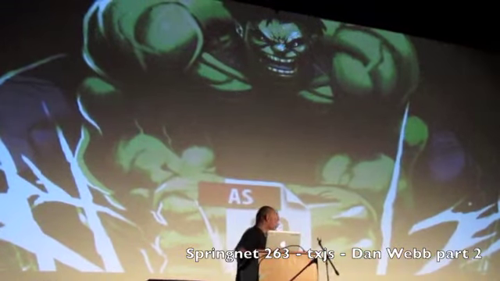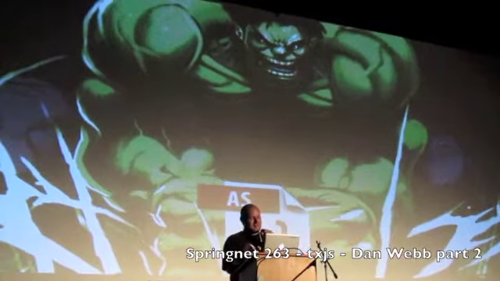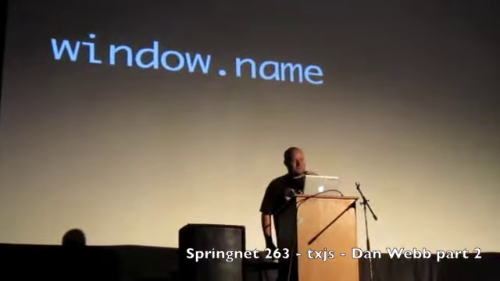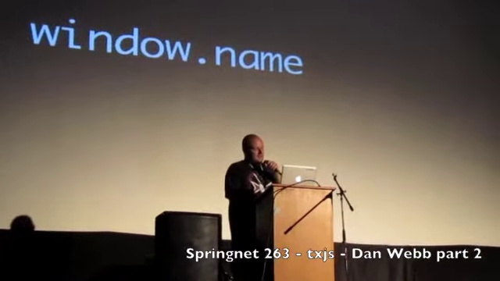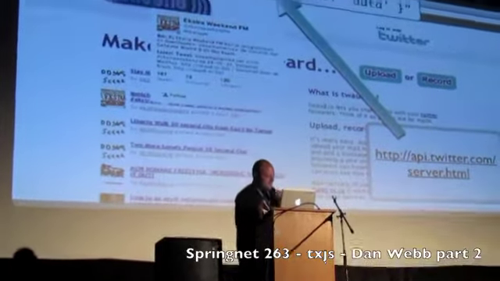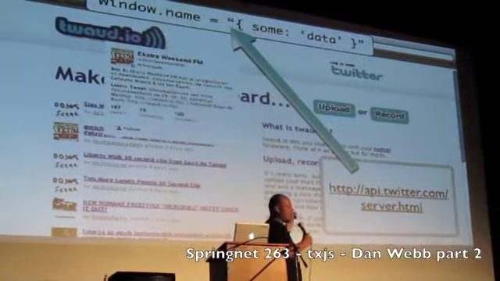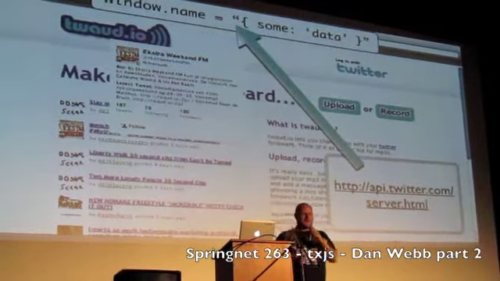The next, and by far the most ghetto way of doing this, if you really must, is by exploiting some strange properties of window.name that actually sort of works in IE6 and 7. And the way you do that is basically one window can set the window name of any other window, but it actually can't read it.